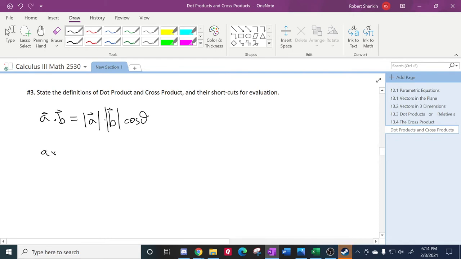For A cross B, its definition is this, times n, which is a unit vector in the correct direction, that's perpendicular to both of these via the right-hand rule. And so these are the definitions.